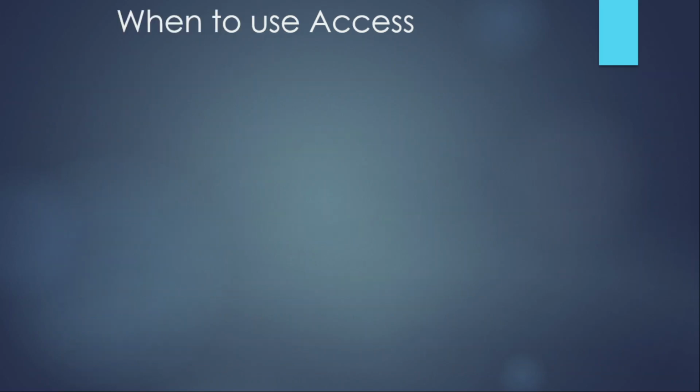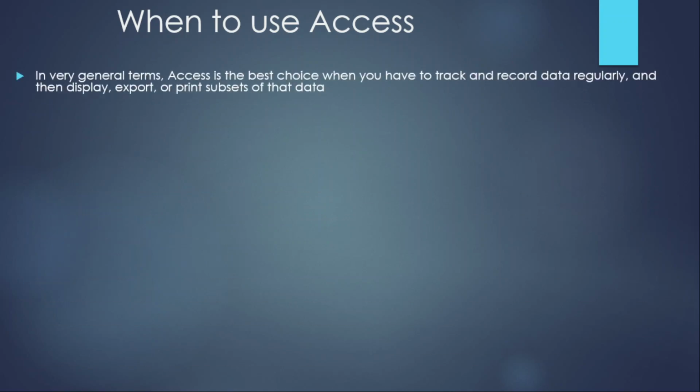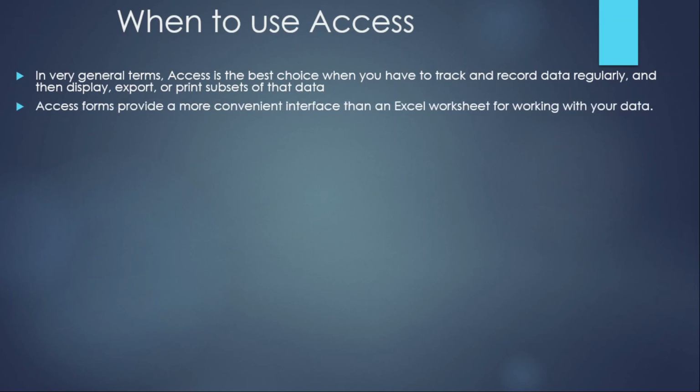We have moved round in circles between Excel and Access. So now we're going to go into detail and say, when do we use Access? In general terms, Access is best suited when you have to track and record data regularly and then display that same data, export or print a part of that data.